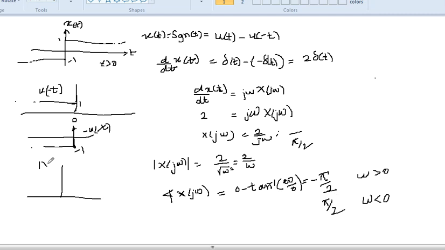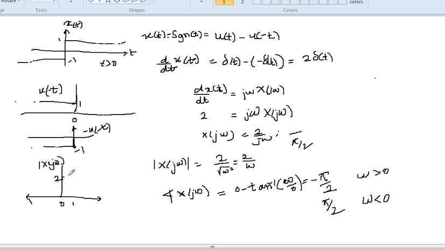So the magnitude plot of this one, let's draw. Let's guess how it would be. It is 0, 1, and so on, and negative. And we know it has to be always a symmetrical graph. So 2 by 0 is infinity, meaning it is a very high value. When omega is equal to 1, its value would be, let's say, 2.